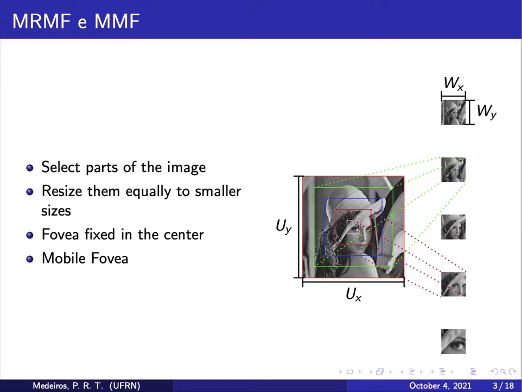Based on this idea, Gonçalves proposed the multi-resolution with features method that selects parts of the image and resizes them equally to smaller sizes. This method stands out for reducing the processing time in extracting information but keeps a fixed fovea in the center of the image. Subsequently, Gomes formalized the multi-resolution with moving fovea method that provides mobility to the fovea.